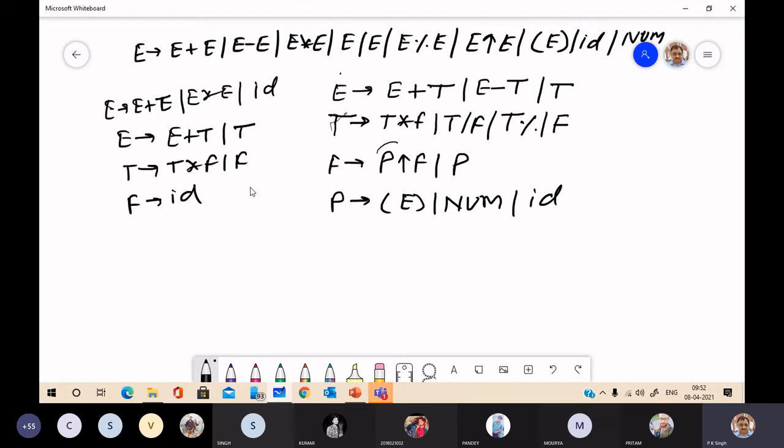And now start from E: E to E plus T. Now the next operator is multiplication, then you have to use this T. T means T asterisk F. And here this E will be reduced to T, T will be reduced to F, F to ID.